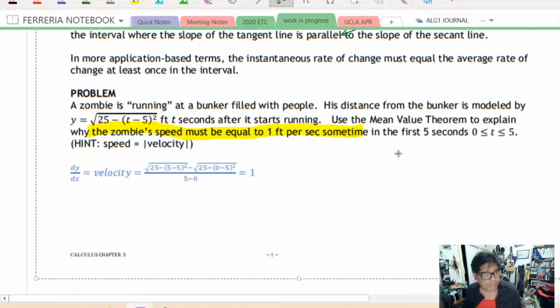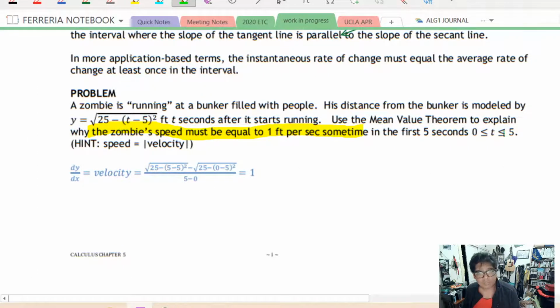So the first thing we're going to do is figure out, this equation here says that the derivative is equal to, and this over here, this is y at 5 minus y at 0 over 5 minus 0. Okay, well that is just the slope of the secant line, yb minus ya over b minus a. And we get that that's equal to 1.